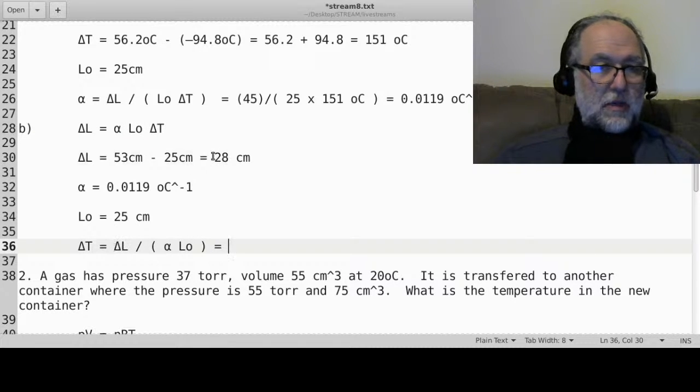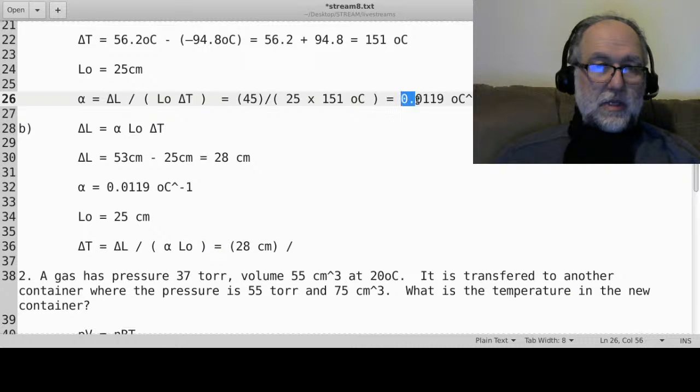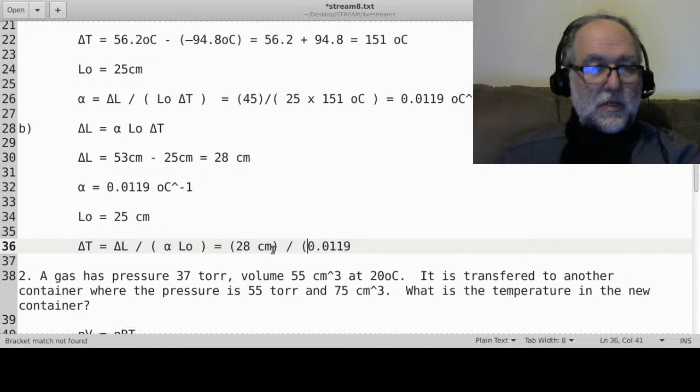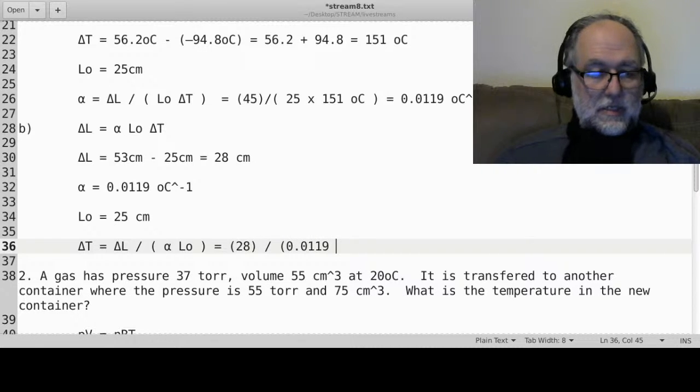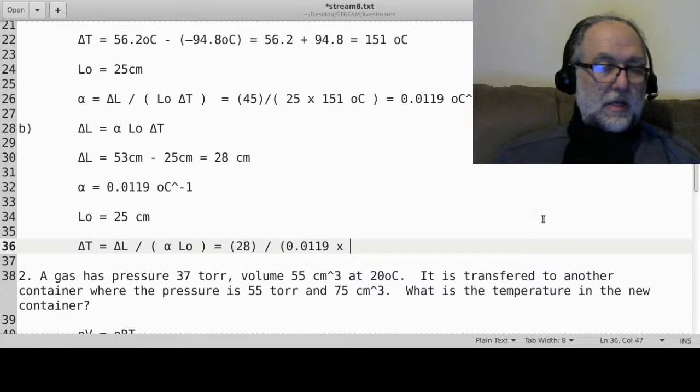Well, the delta L, we just said, was 28 centimeters. And alpha, we said, was this number right there. I'm going to take the units out because we're just going to always work in units of centimeters and Celsius. And L naught was 25 centimeters.